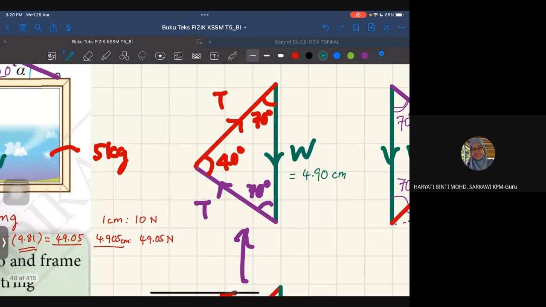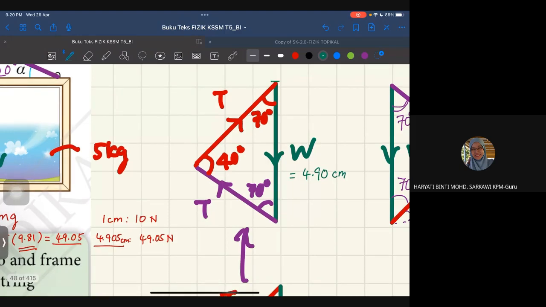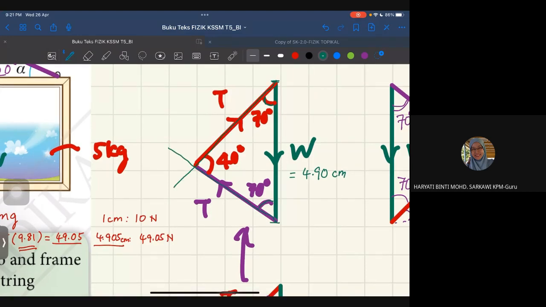Then you measure the angle carefully. So you draw here 70 degrees, here 70 degrees. Then you just draw your lines. It's okay to lengthen them. Here also, it's okay to lengthen it. So you can see that they will intercept. Alright, so to determine what T is, you need to measure this length, and this length.